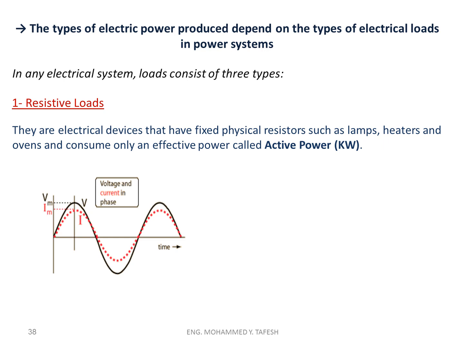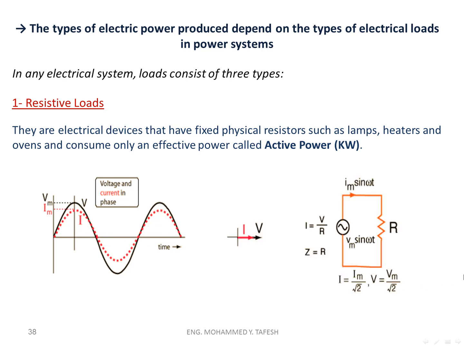Look, this is the sinusoidal wave for voltage and ampere together. They are in phase in resistive loads. In this case, electricity is directly converted to heating or illumination.